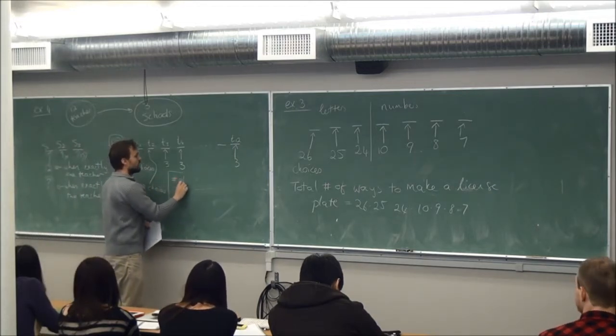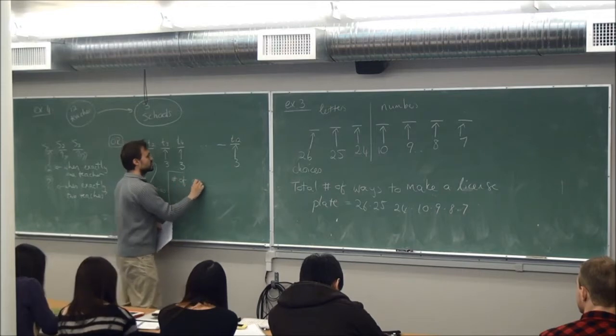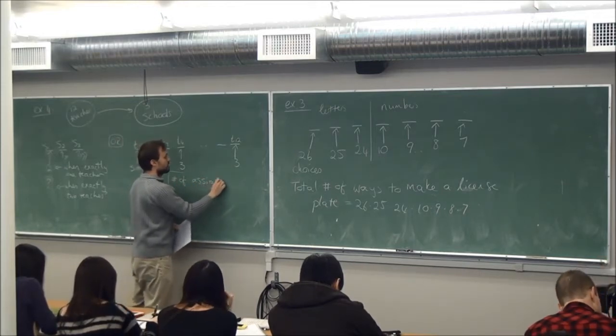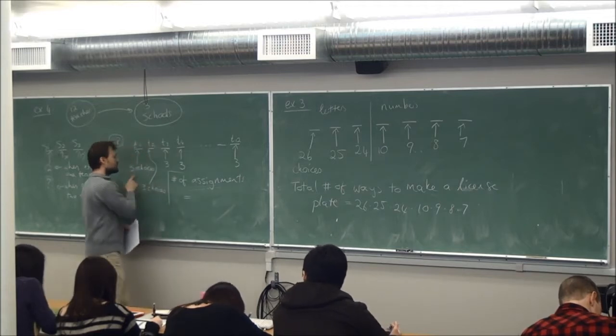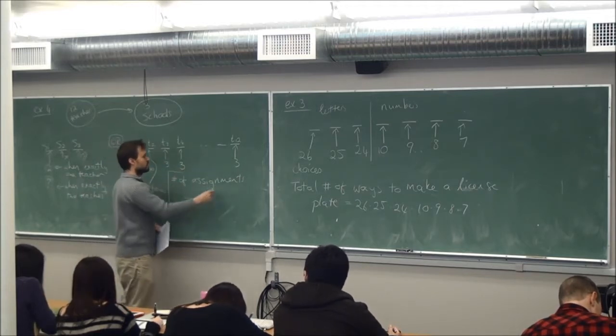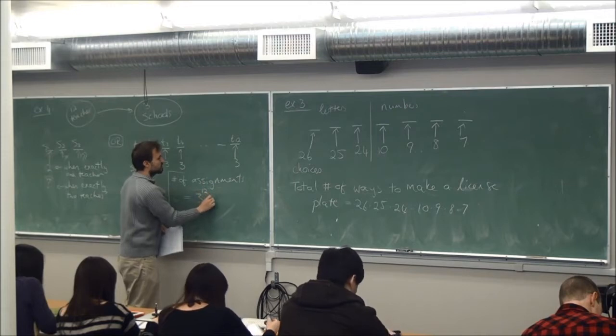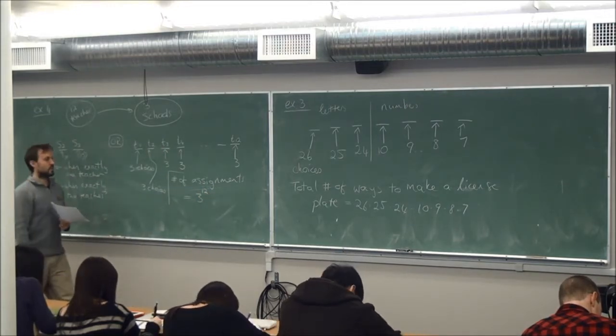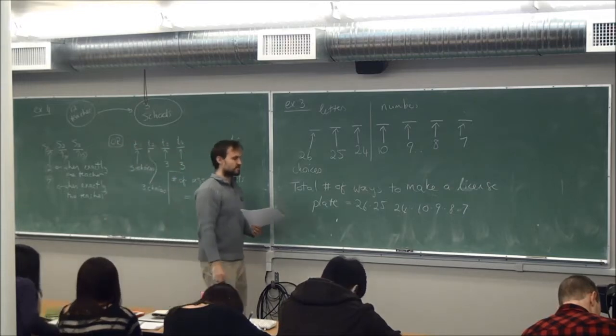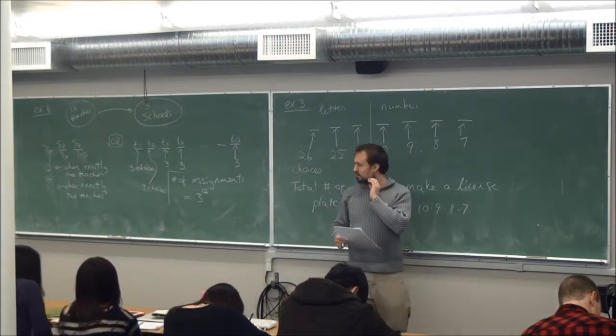So the number of assignments is 3 times 3 times 3, 12 times, so 3 to the power of 12. A lot of things happen in this question that I should be aware of.